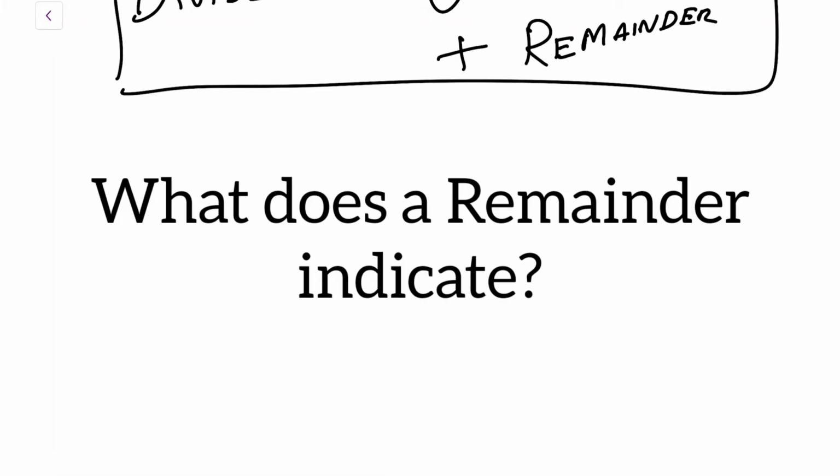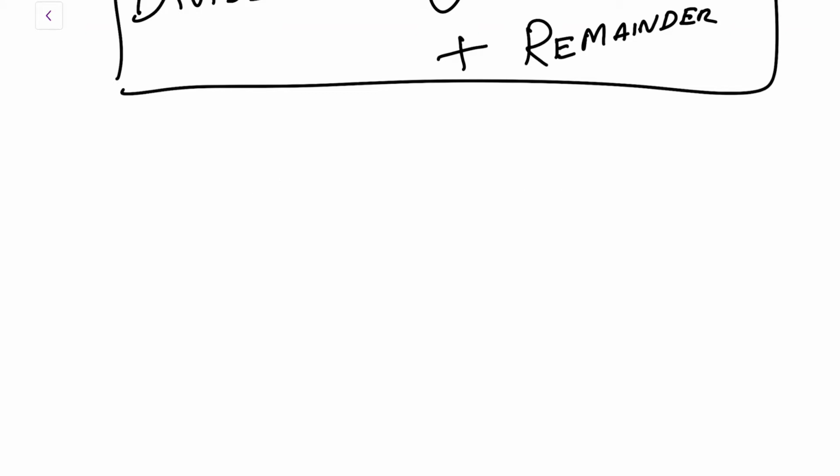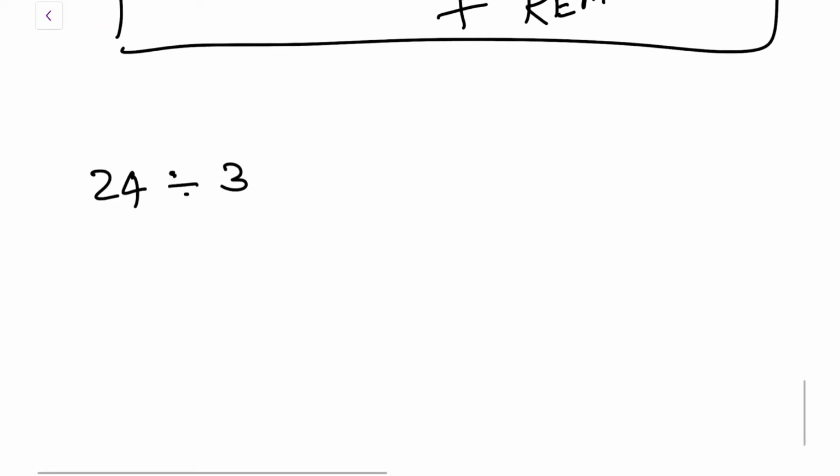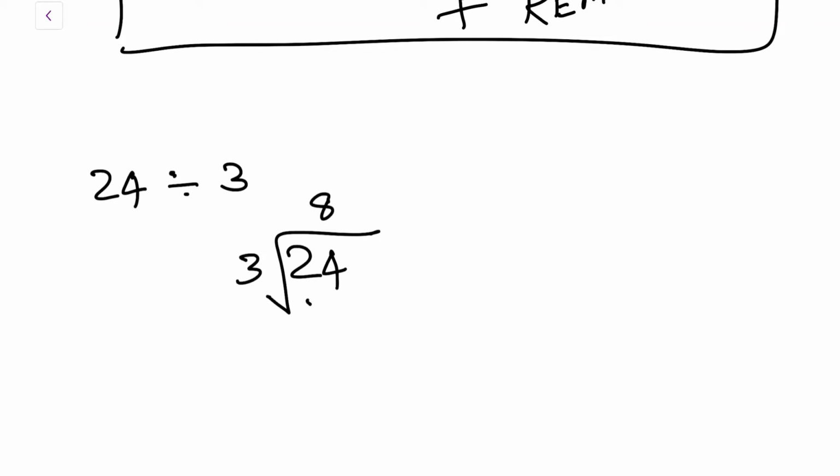What does a remainder indicate? We've seen some places we've got remainder 0, some places we are not getting 0, but what exactly does this remainder indicate? Let's take an example. If you have to do 24 divided by 3, how do we do this? We write 24, 3 into what is 24? 3 into 8 is 24, and here you get the remainder as 0.